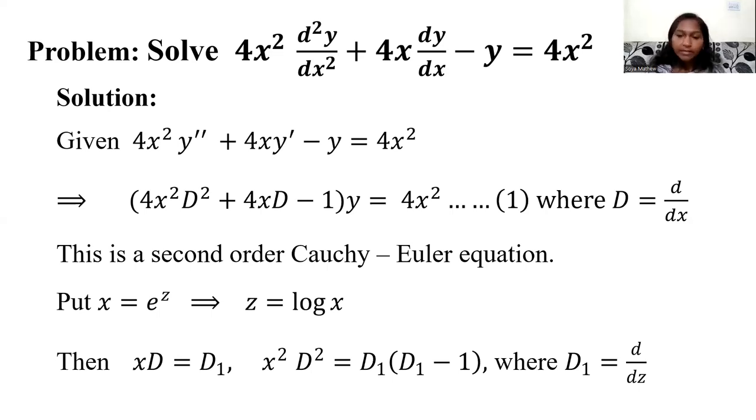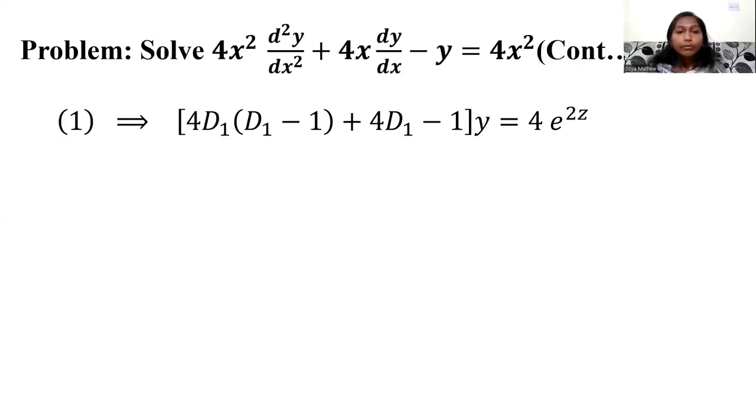As we already said, D1 is d by dz. Now we take all these substitutions. Wherever x comes, we replace it with e raised to z. Wherever xD appears, we replace it with D1, and x squared D squared we replace with D1 into D1 minus 1.